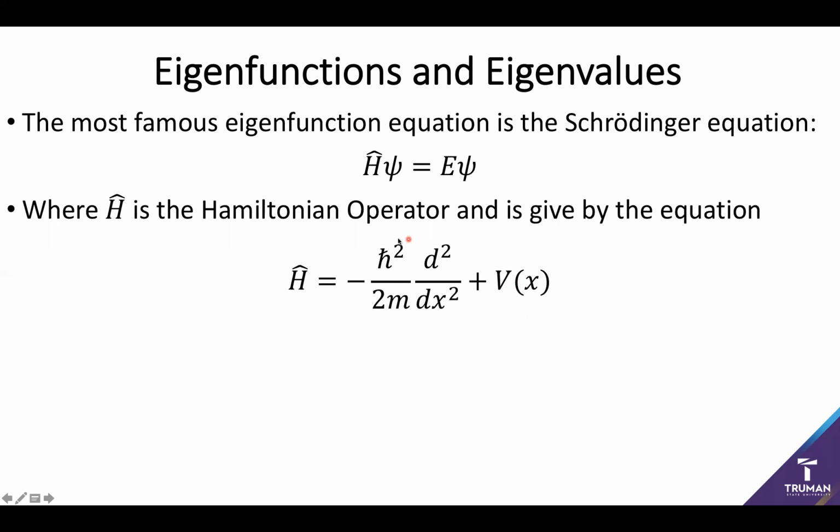And we're going to be spending the next several weeks really diving into this Hamiltonian operator, because there's a lot to unpack here. And so I can apply my Hamiltonian operator to my wave function, and I should get my energy back and my wave function.